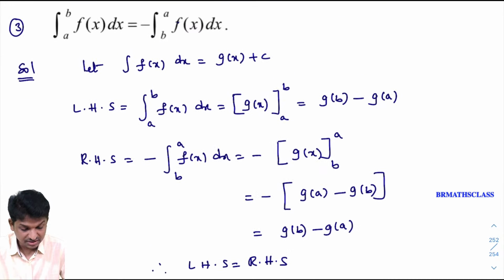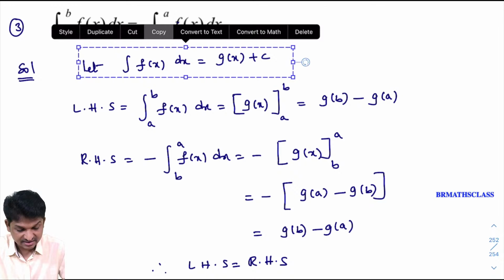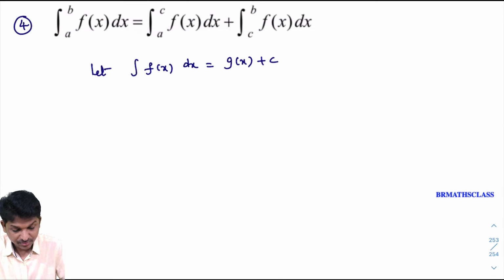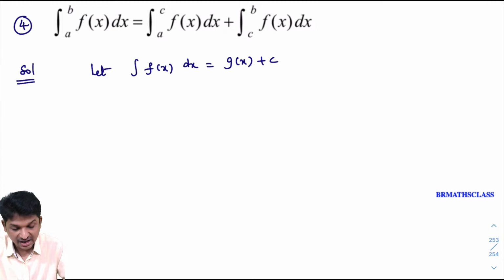How to prove this result? As usual, first I will take integral of f of x dx as g of x plus c. I want to derive this result. Now I'll evaluate this LHS.